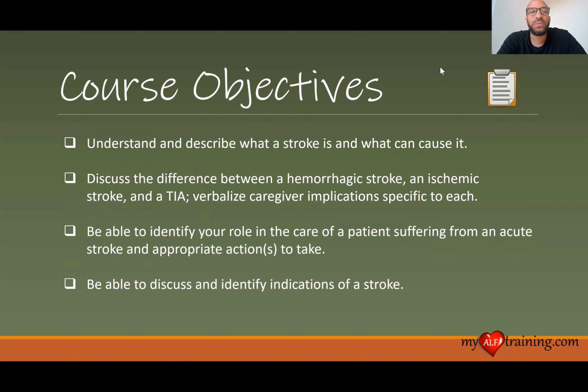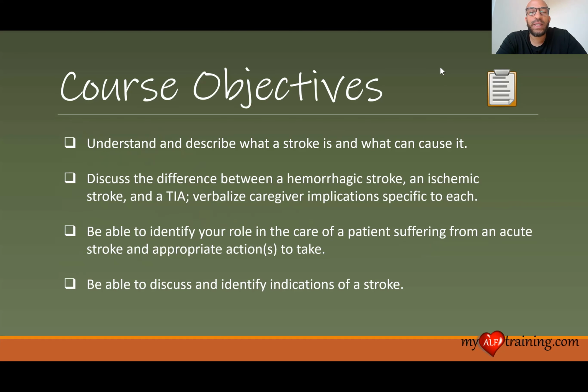Our second course objective, at the end of today's presentation, you should be able to discuss the difference between the three different types of strokes, and those are a hemorrhagic stroke, an ischemic stroke, and a TIA.